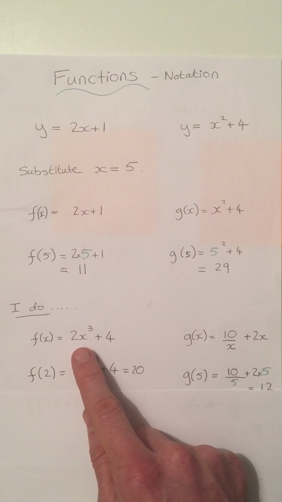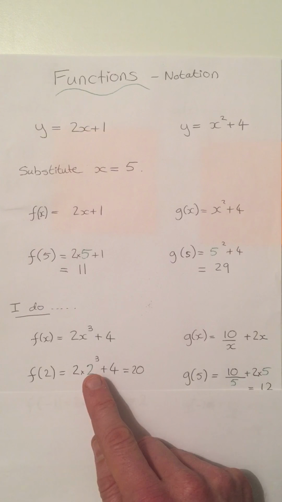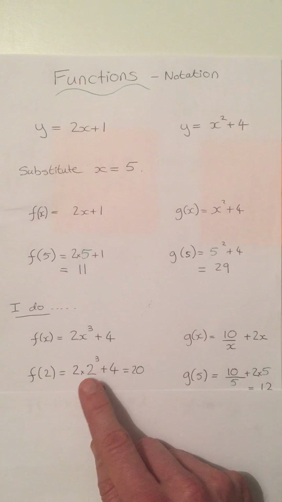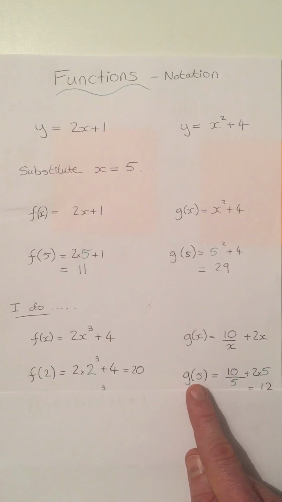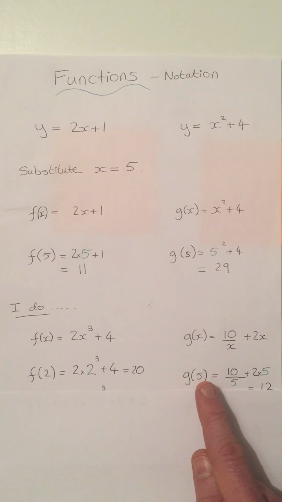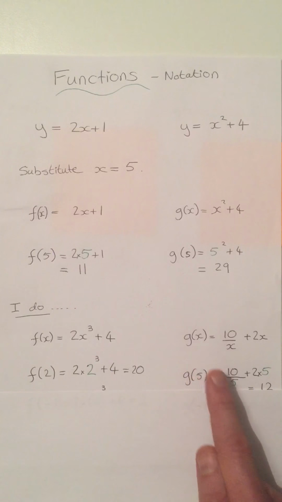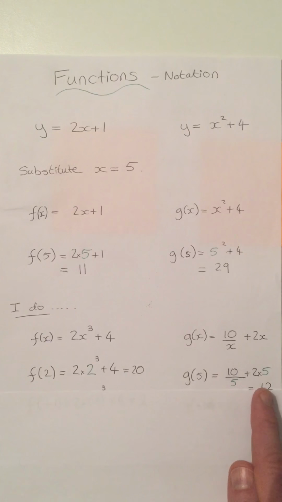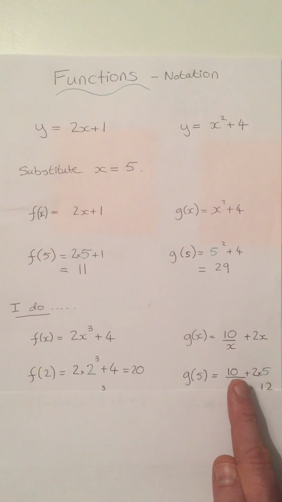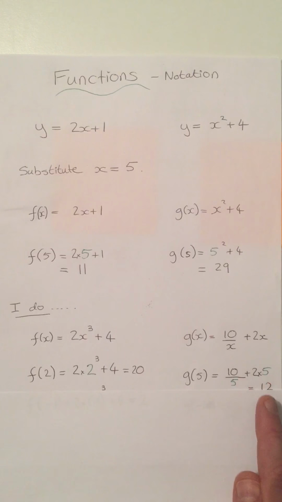So 2 times 2 cubed. 2 cubed is 8. 2 times 8 is 16, plus 4, 20. If I said g of 5, that's telling me to substitute 5 into the g function. So 10 over 5 is 2, plus 2 times 5 is 10, so 2 plus 10 is 12.